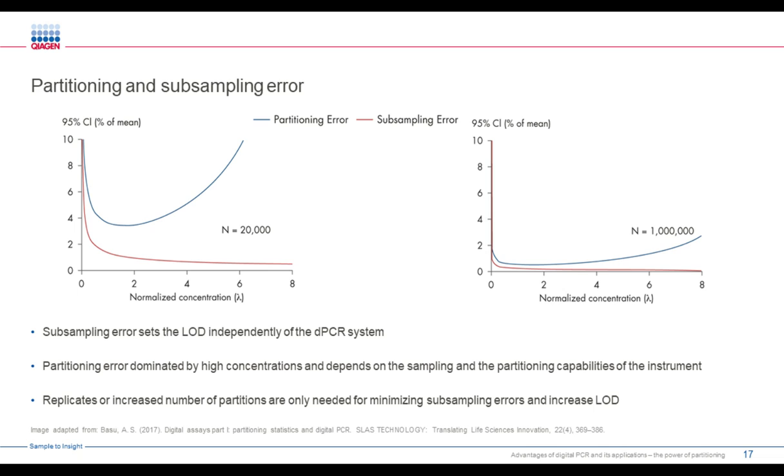And as you can see on the right, when we have 1 million and we just add DNA, the subsampling error basically goes to 0. So that means that the partitioning error and the subsampling error are somewhat contradictory to each other. But this is statistics. This is for all digital PCR platforms out there using Poisson statistics. These are rules that you cannot ignore.